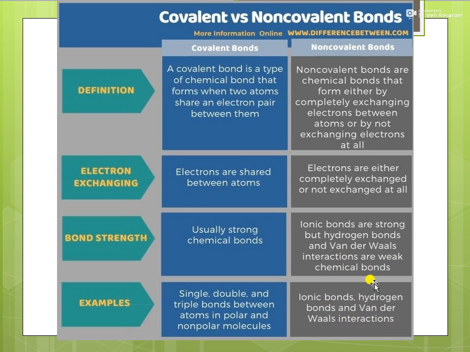Now let me help you link these: what is the significance of covalent bonds and non-covalent bonds? When you consider biomolecules, in different physiological conditions they sometimes have to be broken down and sometimes have to be built up. Covalent bonds are not frequently broken in physiological conditions.